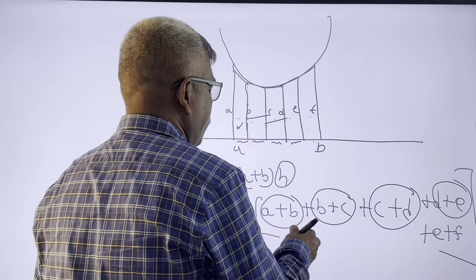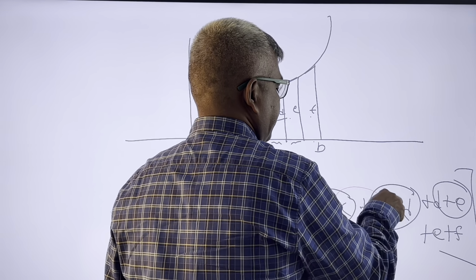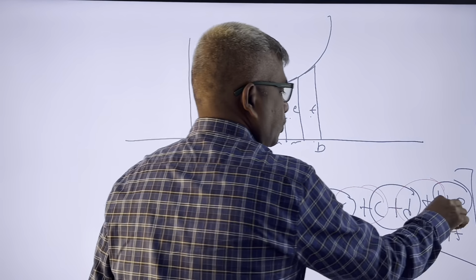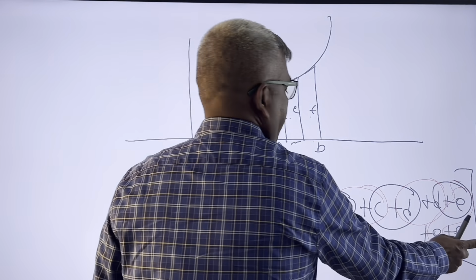Now you notice B repeated 2 times, C repeated 2 times, D repeated 2 times, E repeated 2 times. A and F come 1 time.